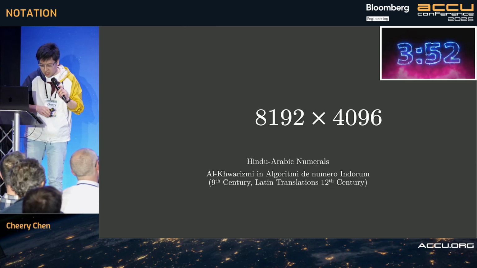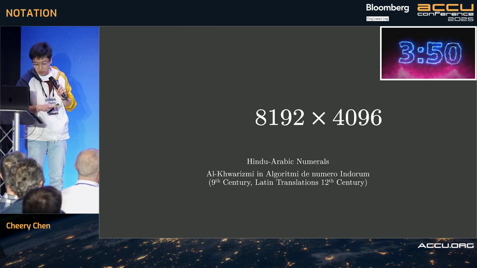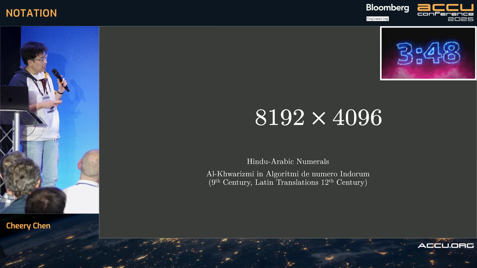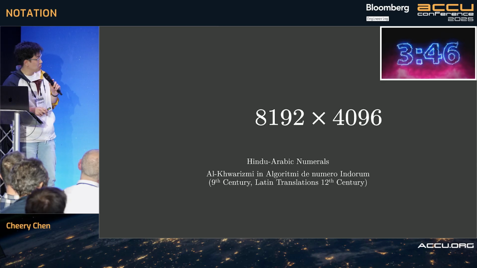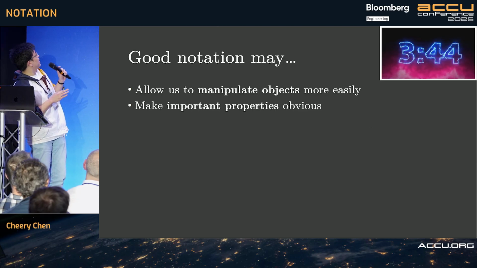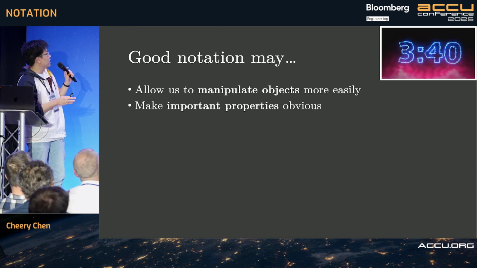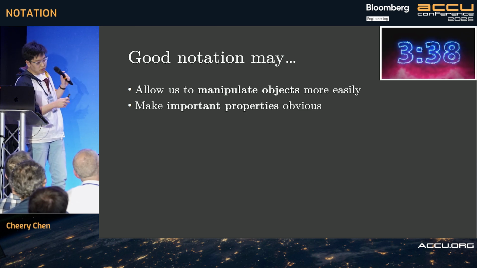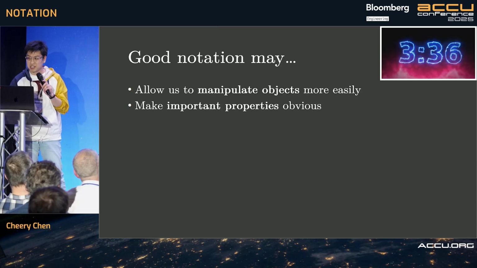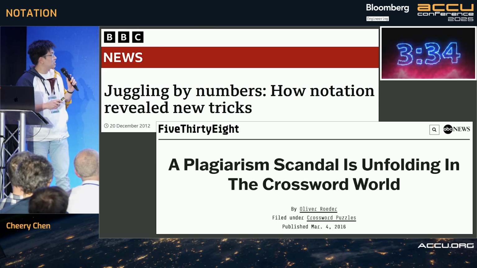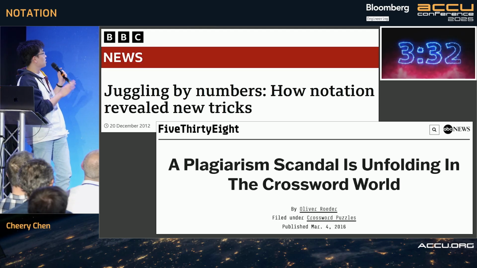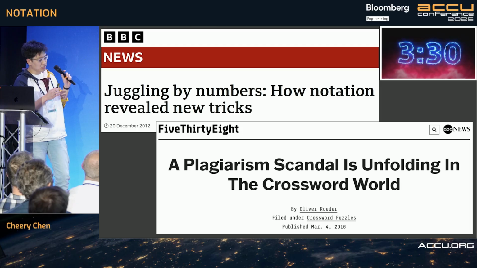Anyway, moving on. Those are just two examples of what good notation can do. Let's try some modern examples. Good notation can allow us to manipulate objects and make important properties more obvious. It turns out that if you invent some juggling notation, you can reveal some new juggling tricks.